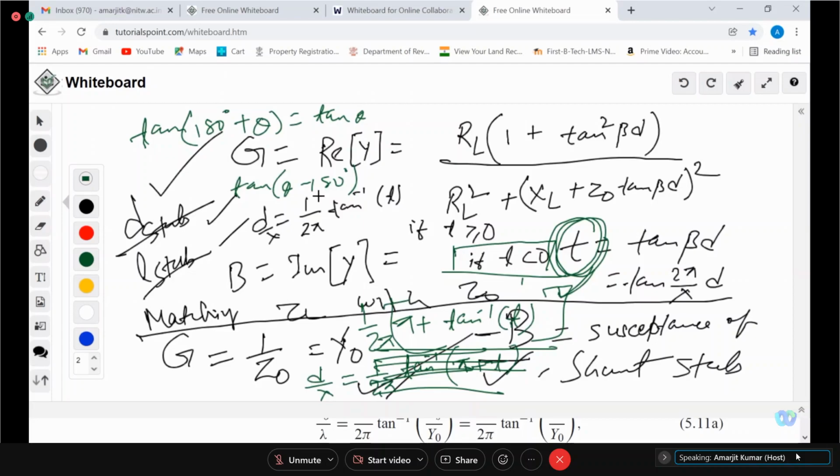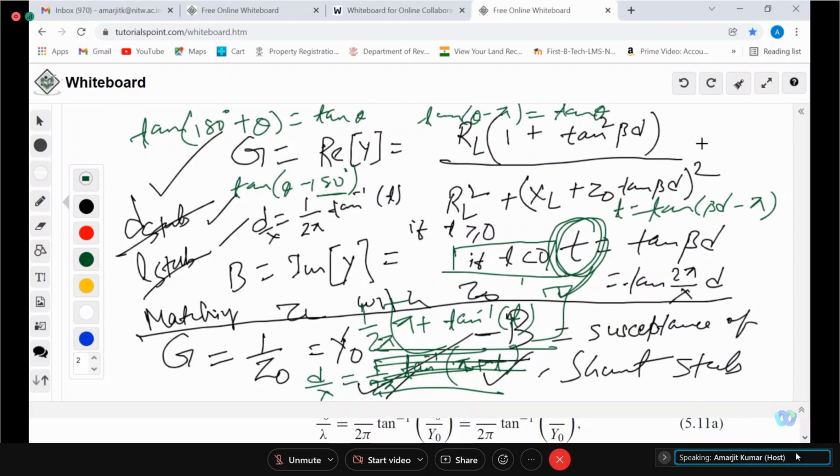Because 180 is pi. So what is tan theta minus pi? Tan theta minus pi is equal to tan theta. Am I correct or not? So if I write here tan theta minus pi, so that means tan beta d minus pi, it will be equal to t.